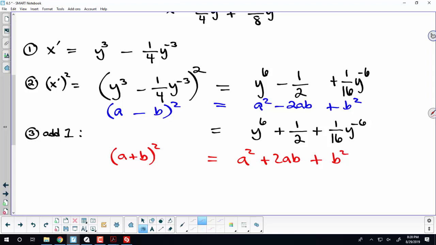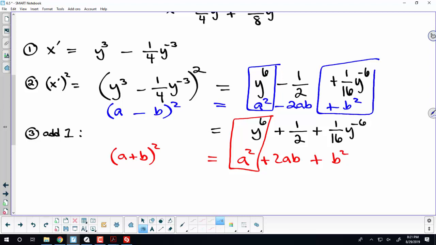So what we notice here is when we look at this, that's our a squared. Did that change when we added 1? No, that's still a squared. This is our b squared. Did that change? From here to here? No, it's still the same thing.